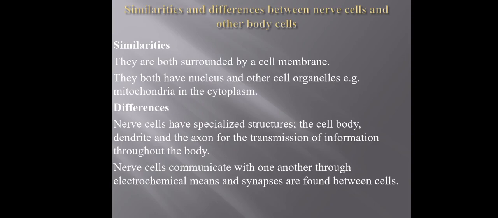Nerve cells communicate with one another by electrochemical means. There could be chemical signaling between other body cells, but communication between one nerve cell and another nerve cell is by electrochemical means. And most nerve cells, when they are old, are not replaced after death.